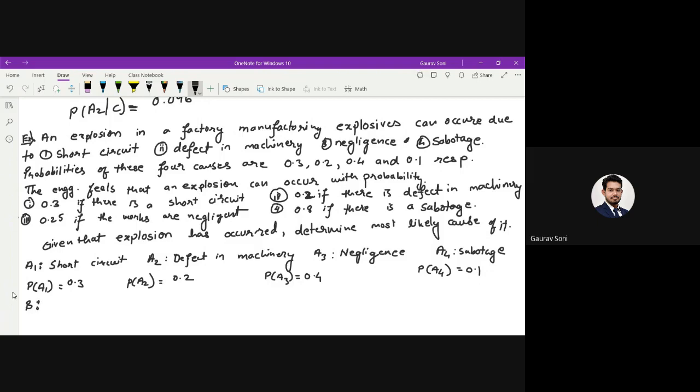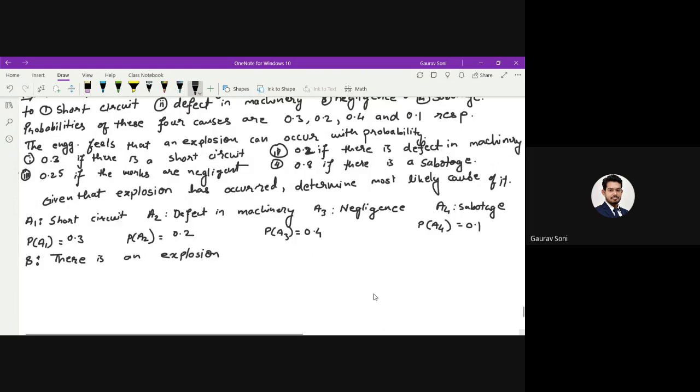In Bayes theorem, what you do is you look at the probability of one of the partitions when event B has occurred. The explosion has occurred already. Exactly. So B is the event that there is an explosion. Now, once there is an explosion, we will find out the probability of the explosion when there is a short circuit.